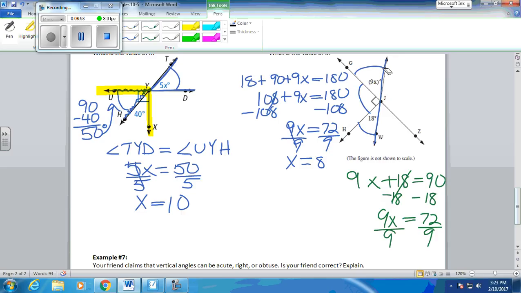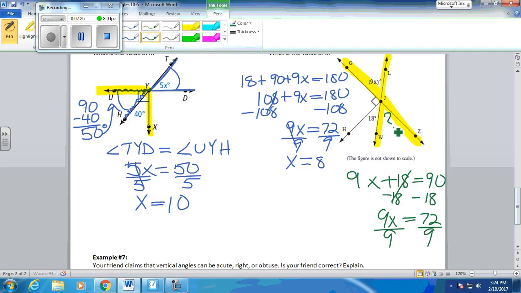Or you could say that because you know that LJW is supplementary, is 180, and you know that this angle is already 90, that would tell you that 9x plus 18 has to be equal to 90. So you can do it that way as well. The one other way that I can do this that I did not show you is that this angle and this angle there, we know that those are vertical.